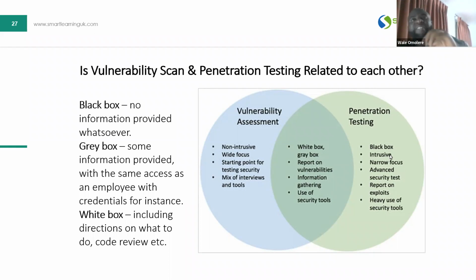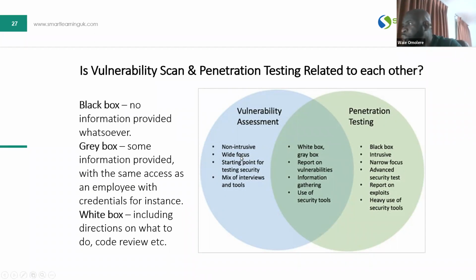That's the reason why the frequency at which you carry out penetration testing can be quite low. The frequency is usually once in a year, or worst case scenario, maybe twice in a year. You don't do it quite often. It's different to vulnerability scanning or vulnerability assessment, which you do quite often, because one of the reasons is the intrusiveness of penetration testing. I hope we are clear on that.